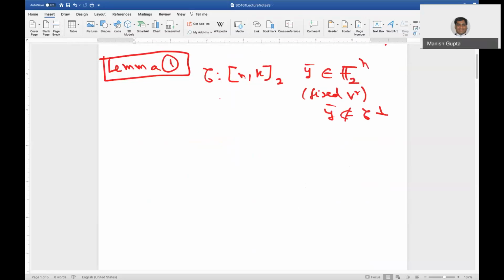So C is a binary linear code of length n and dimension k, and y is a fixed vector in the space, but it does not belong to C-perp. Then the inner product of x with y is 0 and 1 equally often.